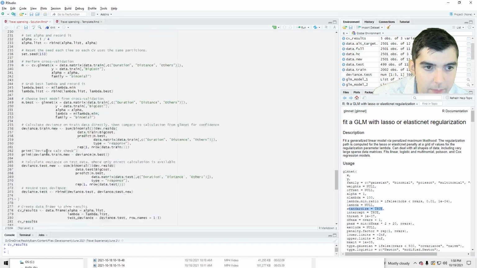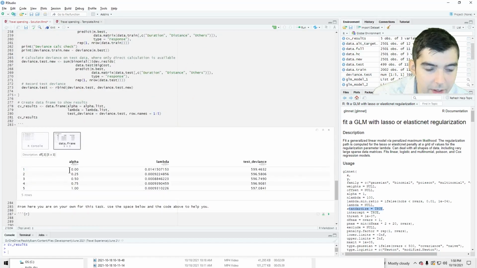So I see that it's saying, alpha is 0 to 0.25 up to 1. So alpha 0 is when there's no regularization, and alpha 1 is when there's maximal. And then different values of lambda, and then test deviance.